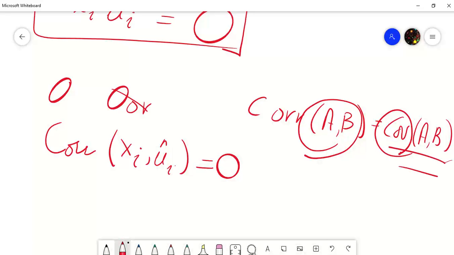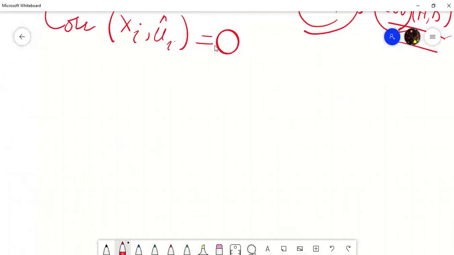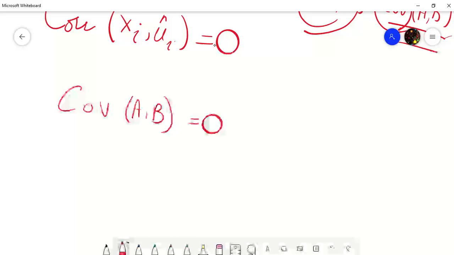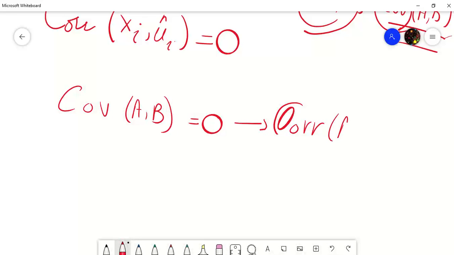If we want to prove that correlation is 0, then it is sufficient to prove that covariance is 0. We can say that if covariance is 0, then correlation is also 0. 0 covariance implies 0 correlation.